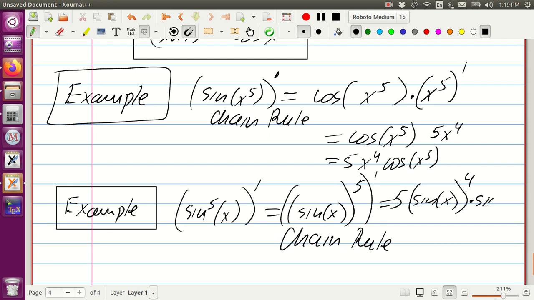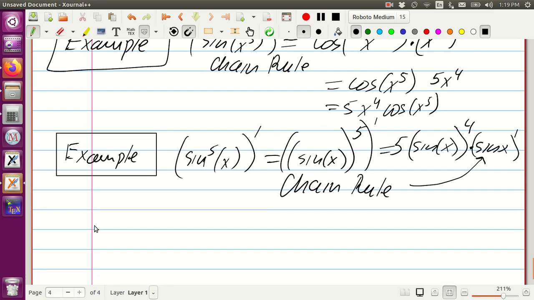And then we have to multiply by the derivative of sine according to the chain rule, right? The chain rule forces us to do that. So we have 5 sine to the 4 of x, if we use the abuse of notation again. And then we write the derivative of sine, which is cosine. And that's our answer for this exercise.